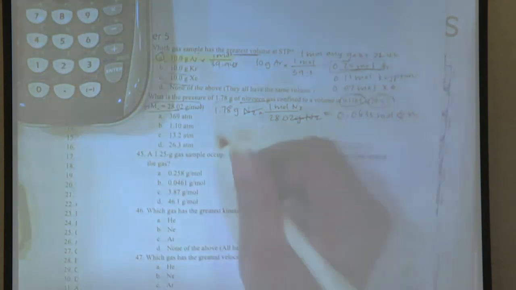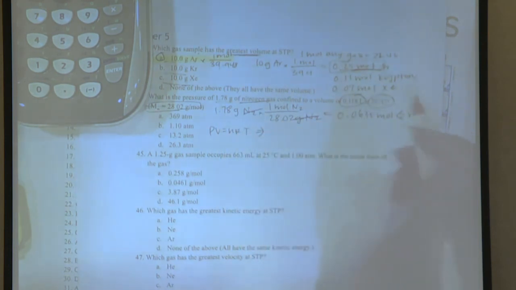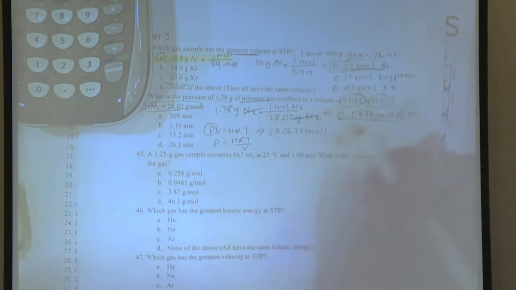Knowing my gas law, PV equals nRT. We have to find P. So P is equal to nRT over V, right? We just found our n. So it's going to be 0.0635 moles. Our R is 0.08206 liters atm per mole Kelvin. And then our T, this is in Celsius, and we have to make sure that we convert that to Kelvin, 298 Kelvin.